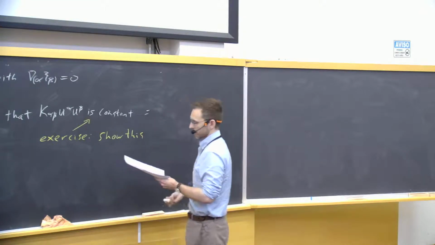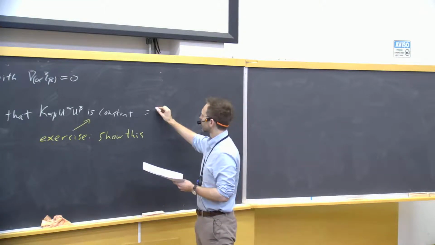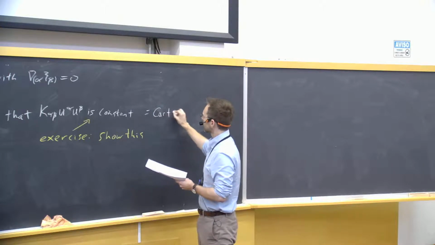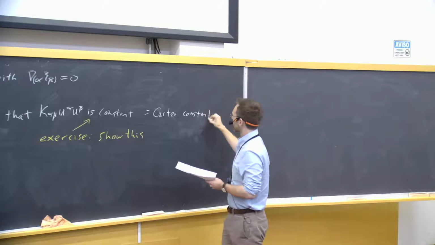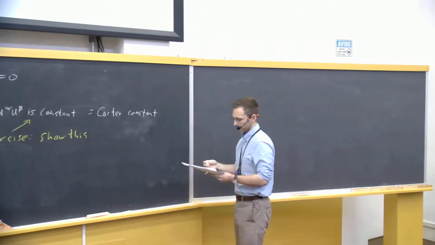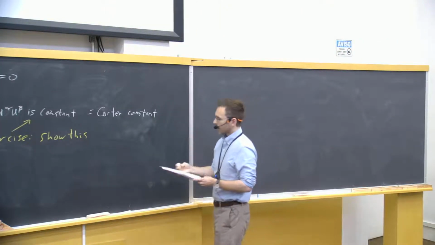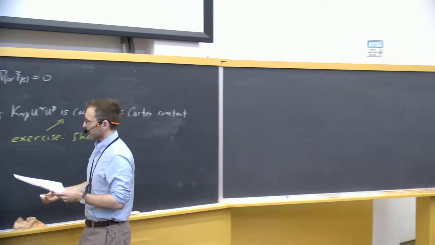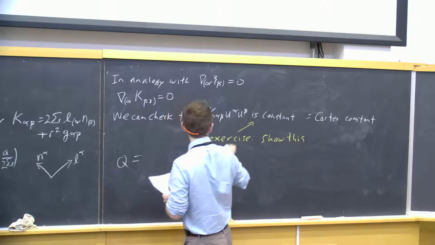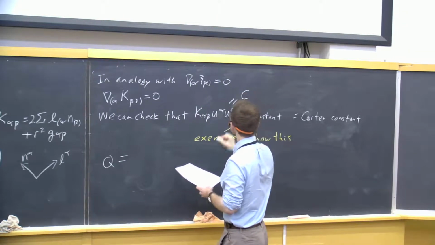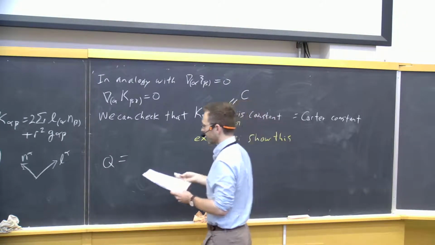So this constant is called the Carter constant. There's another quantity also called the Carter constant, so let me call this capital K for Carter.